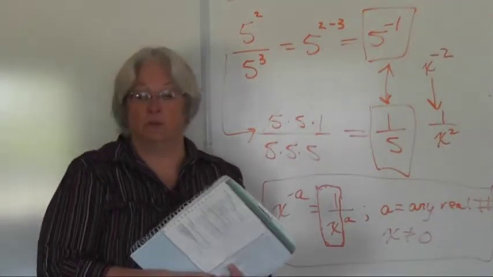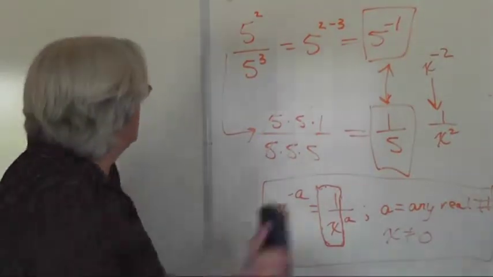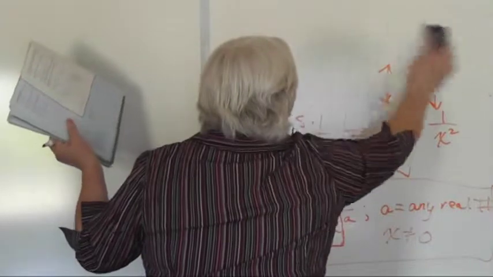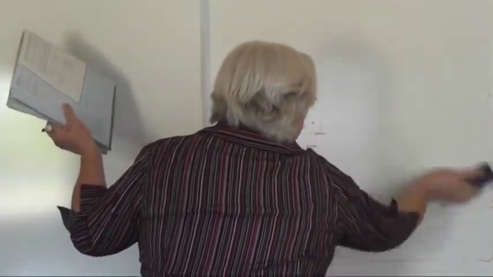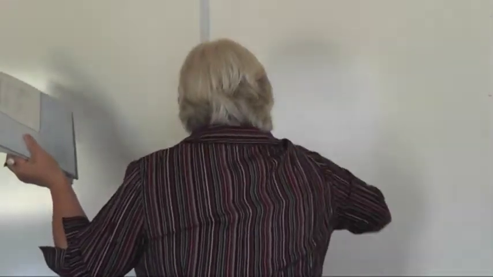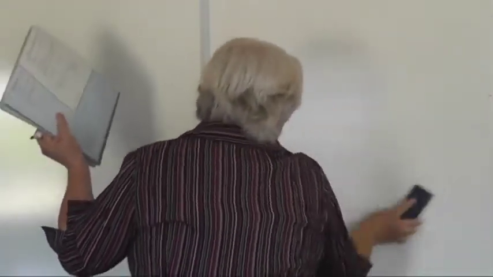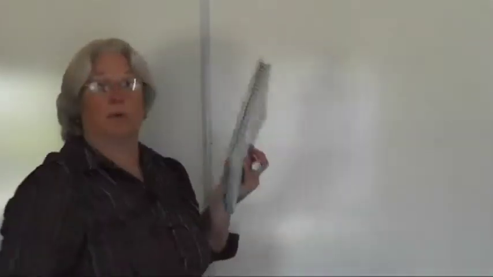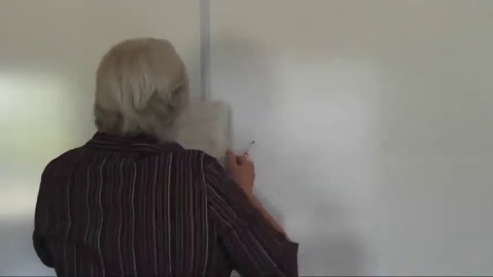So let's go ahead and do now these examples that we have on page 94 of your text, and see if we can practice with some of these rules so that it makes more sense to us. And then by the time you work on some homework, it won't be too bad for you. Example 1.